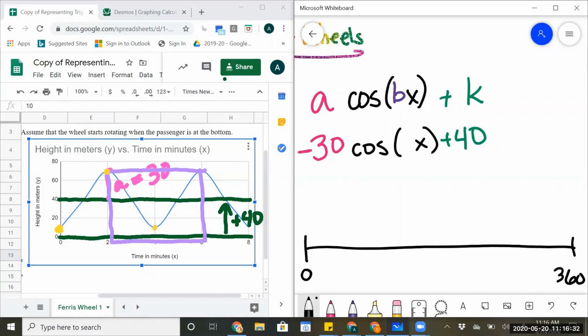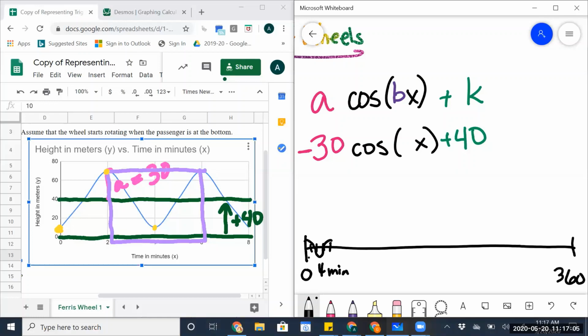How long did it take to cycle through one period of cosine? Many of you are probably thinking 4 minutes, right? Starting at the bottom, we went all the way around, it took us 4 minutes to get back to where we started. So this 4 minutes, I mean, think about what that looks like. That's 1, 2, 3, 4, and that's probably not even small enough. And I did one of these, okay, 4 minutes.